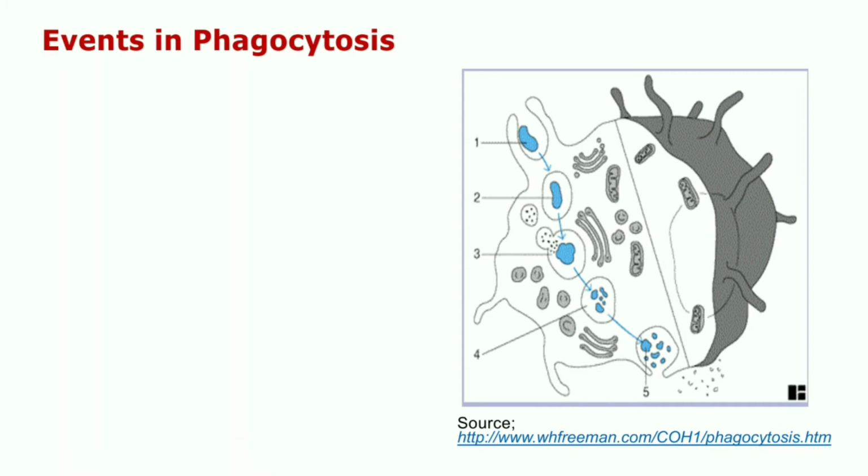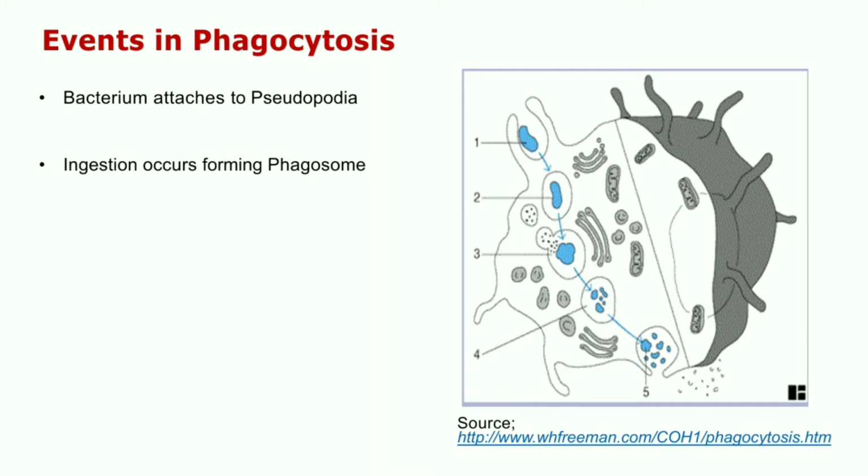Before we move on with strategies to evade phagocytosis, let us see in brief the process of phagocytosis. As you can see in the diagram, in the first step, the bacterium attaches itself to the pseudopodia.